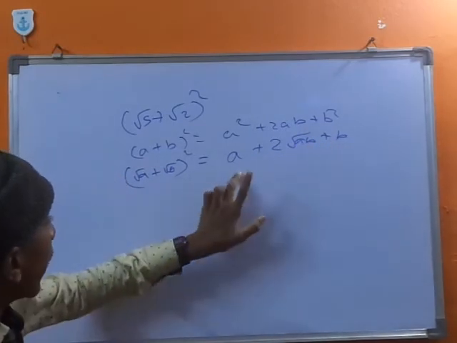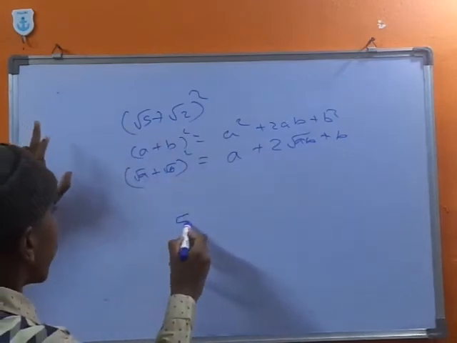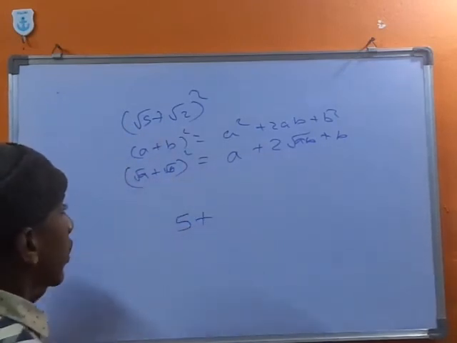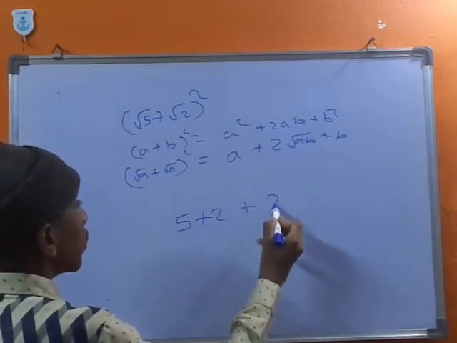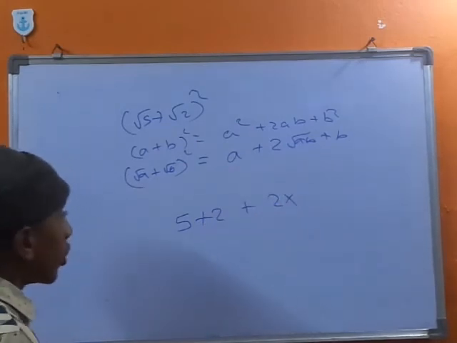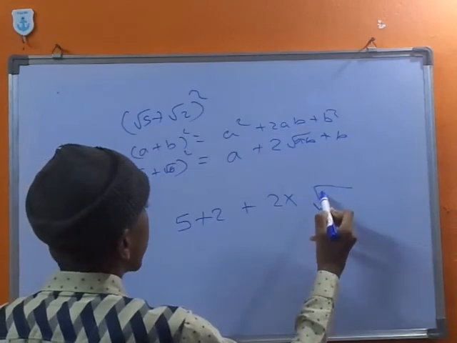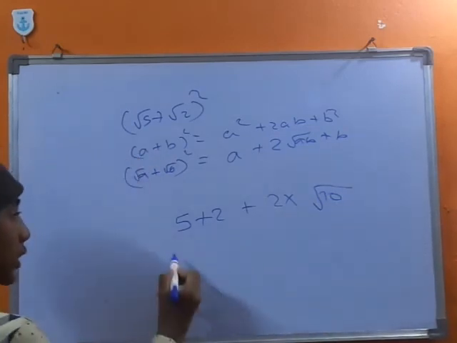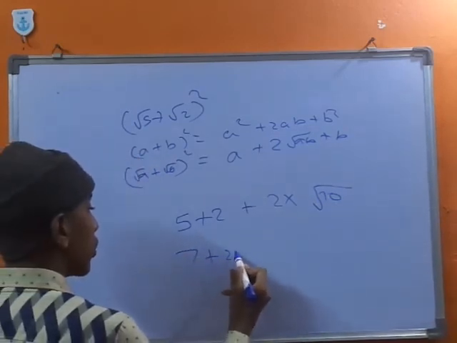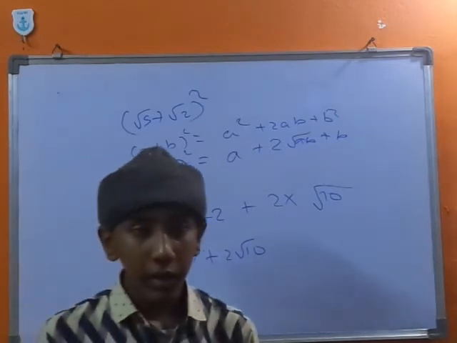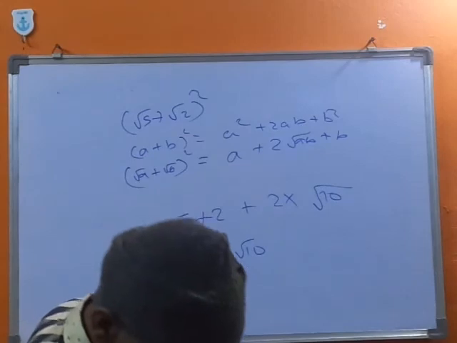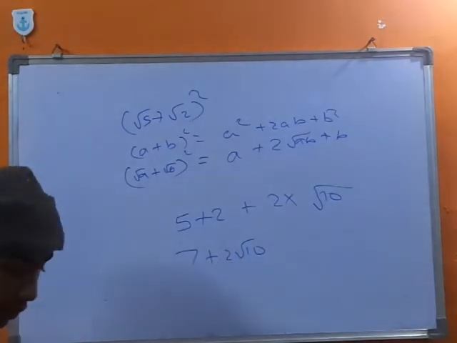So what is a? 5 and b 2, plus 2 multiplied by root 10, which is 7 plus 2 root 10. Completed. Simple.